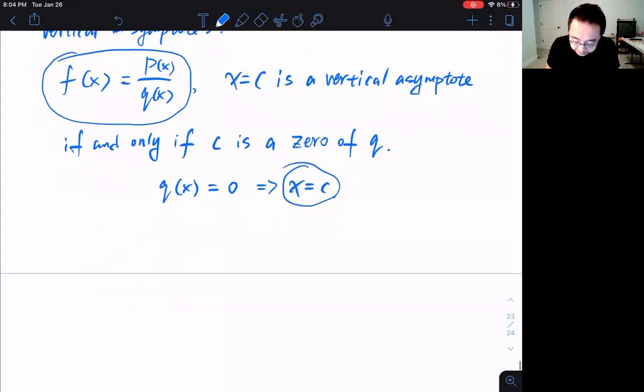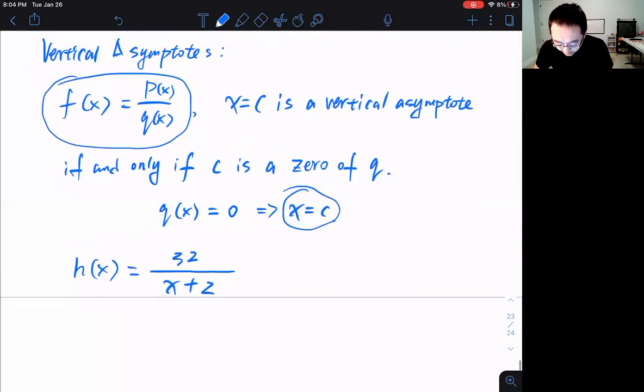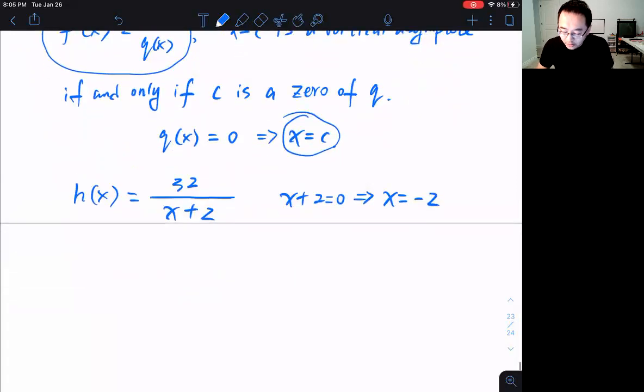For example, let's say we have h of x equals 32 divided by x plus 2. Does this rational function h of x have a vertical asymptote? The answer is yes, because if you set x plus 2 equals 0, that gives you x equals -2. Then h of x will forever approach x equals -2, but never get there.